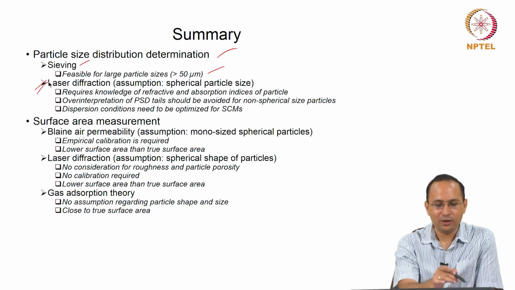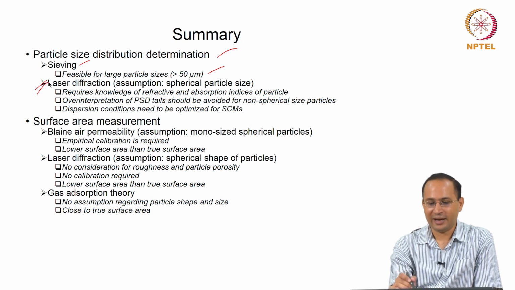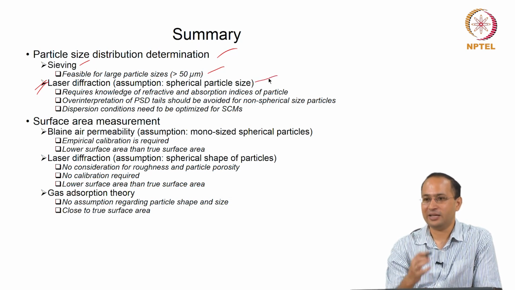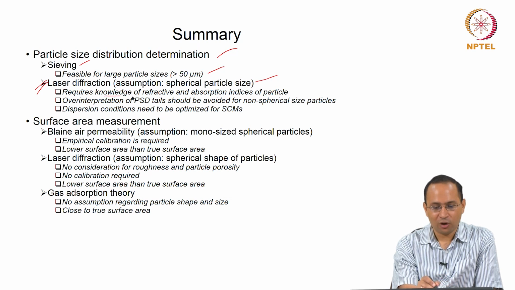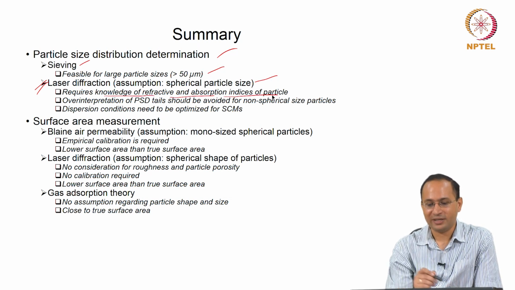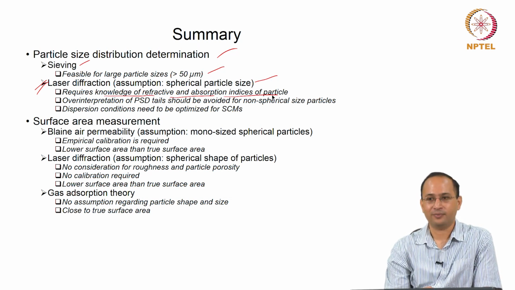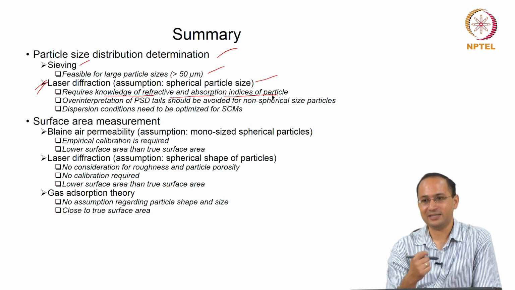Another technique commonly used is laser diffraction, right. Again you have to remember the assumption, it assumes that the particle shapes are spherical. It requires knowledge of refractive and absorption indices of the particle, very important, right. You need to know your material, only then will you be able to get reasonable values.